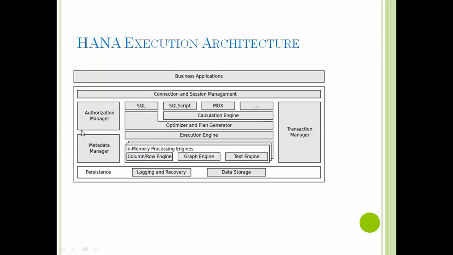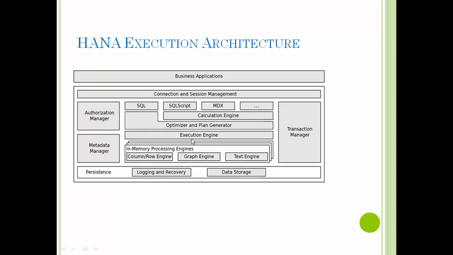And this authorization manager is invoked by other components of the SAP HANA database to check whether the user owns all required authorizations or privileges to execute the requested operation. So the authentication of any user trying to operate on the HANA data is validated by authorization manager.